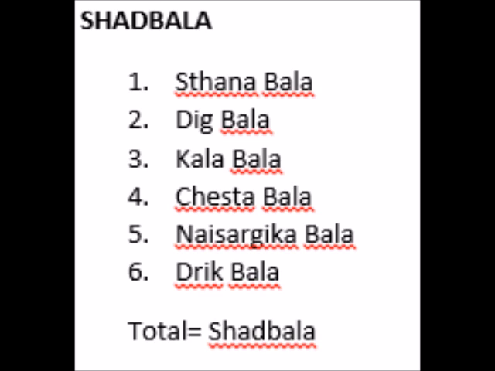A good astrologer can determine a lot from the strength shown through the Shadbala. So hopefully you've understood the basic concept of Shadbala, and you'll do more research on this, go into details, and study it more.